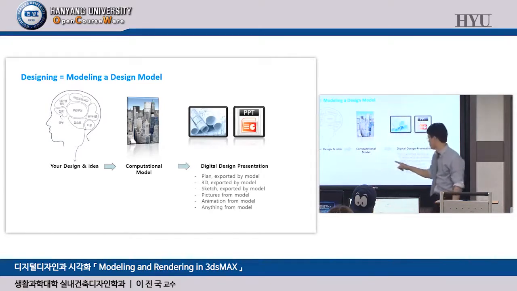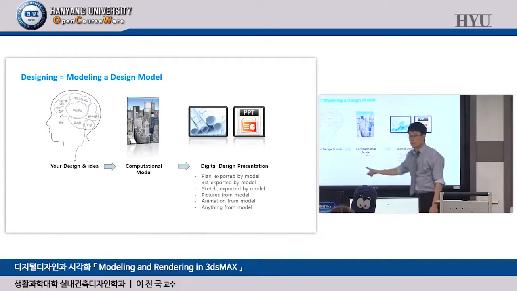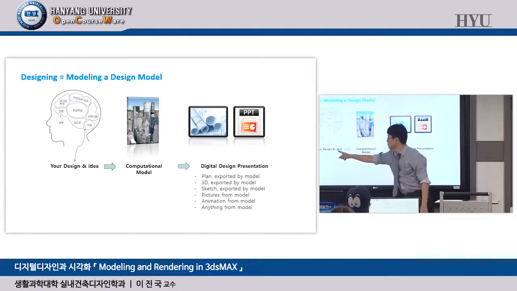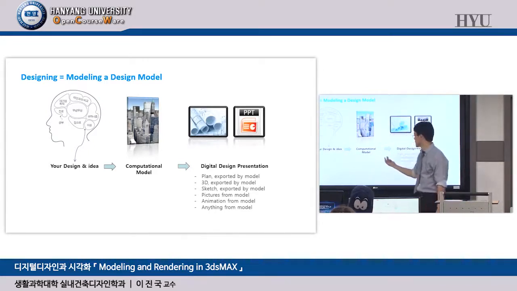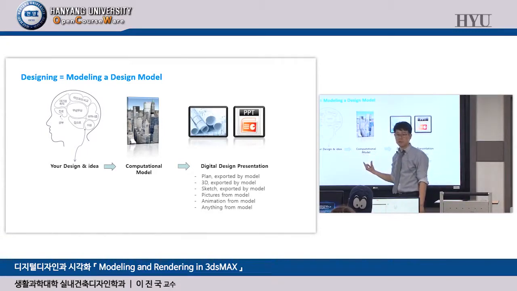From your idea to your sketch, from your idea to your 3D model, floor plan, an amount of arrows directly from your idea to final outputs, it's really time consuming, repetitive, and tedious, okay? You have to work 24/7 only for your design development. But thanks to this computational model, you can extract anything you want based upon a very well-defined and well-structured model, okay?